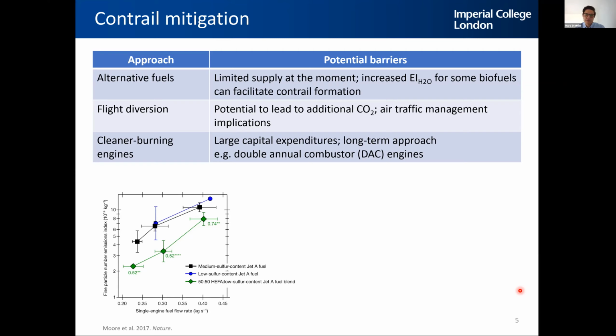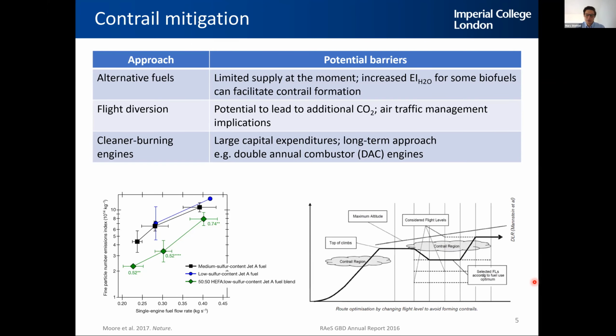And then people have also thought about cleaner burning engines, and these two final things are what we considered in this study. So diverting flights above or below contrail forming regions, as shown in the diagram on the right-hand side, and also assessing the effect of cleaner burning engines, so reducing the number of soot particles emitted per kilogram of fuel burned.